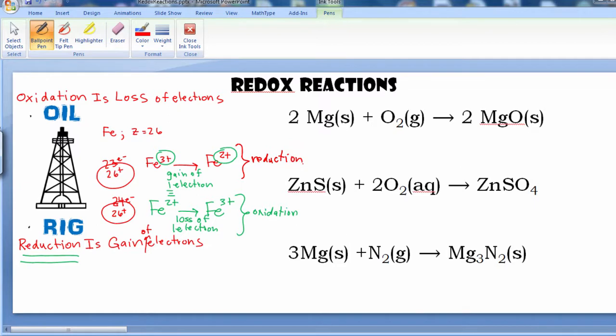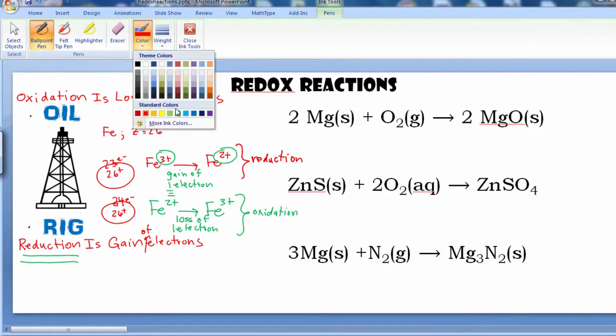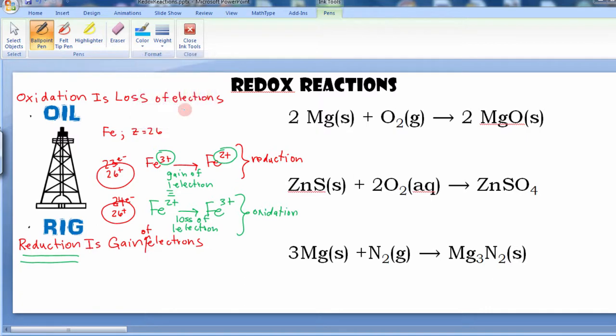And so I did that little quick example to show you. We've already covered this in class. This is a review. What happens when things undergo oxidation and reduction.